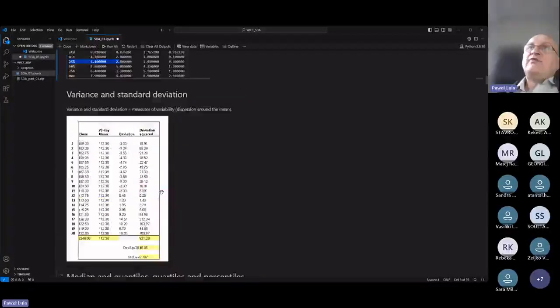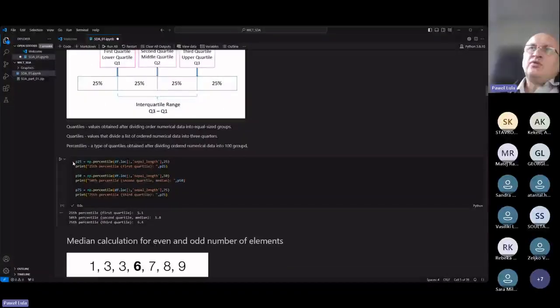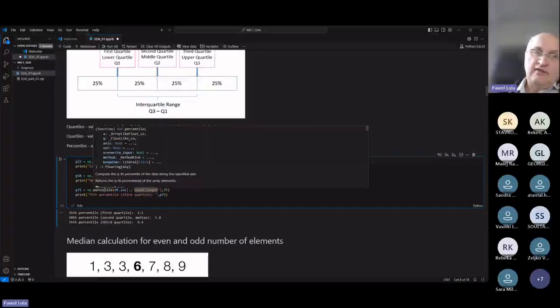Of course, I can check these percentiles here, or it is also possible to calculate them. So for the first column, I calculated the 25th percentile, here the 50th and 75th percentile, and I printed these values here. So I have a function which can be useful for calculating these values.